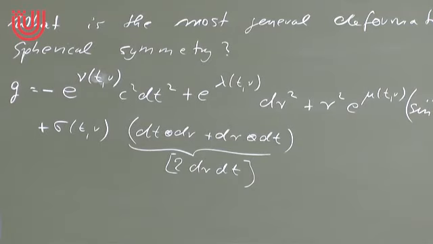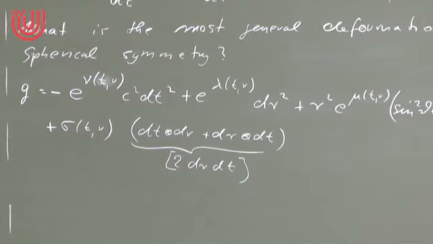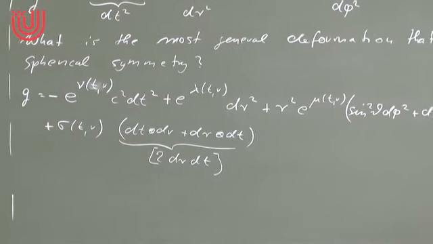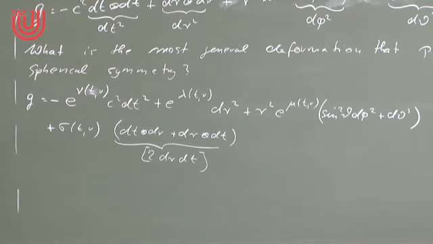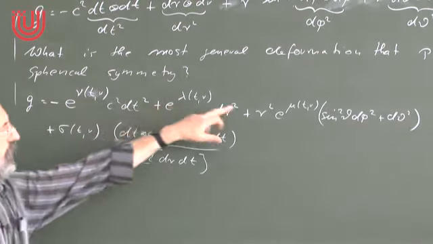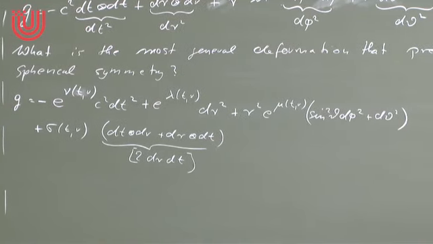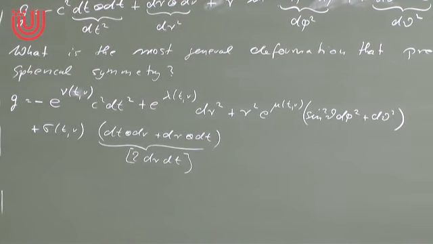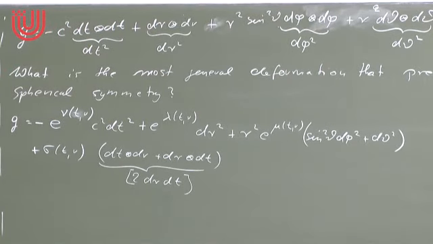I don't know anything about the sign of this, so I do not write this as the exponential of something. So that's the general form of a spherically symmetric metric, right? It's time dependent. I have a t dependence here. And it is still spherically symmetric. So there are no directions in space distinguished from other directions.